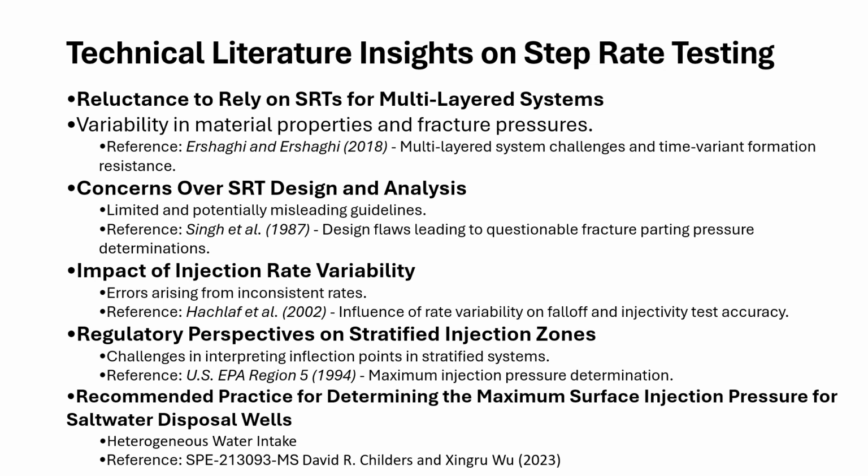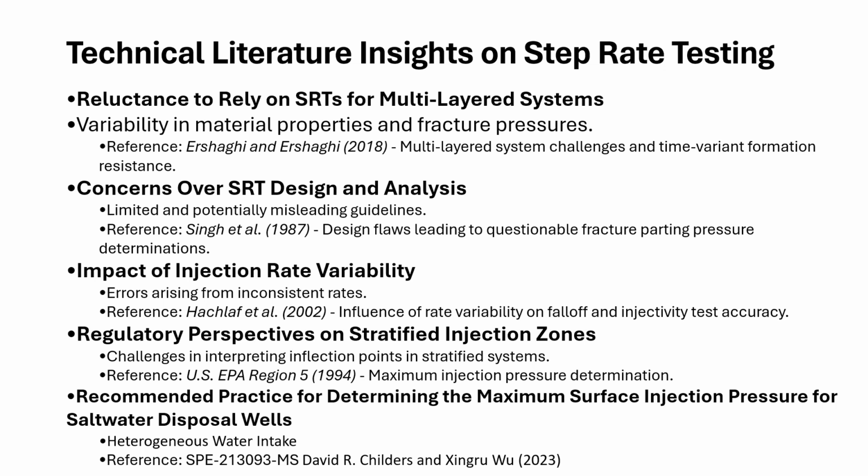Another one that arises is the impact of injection rate variability, which highlights the importance of keeping your rates consistent. They note that errors arise from inconsistent rates and can influence the variability on follow-up test data and any kind of test accuracy that you receive.